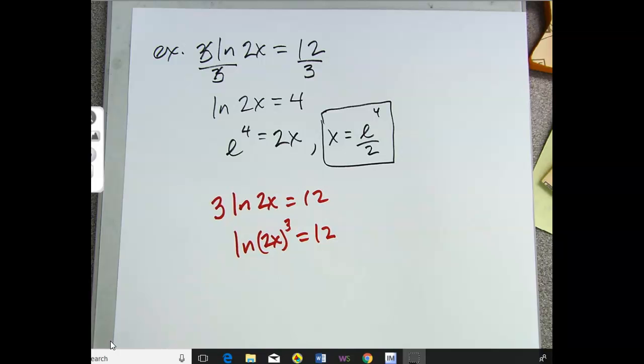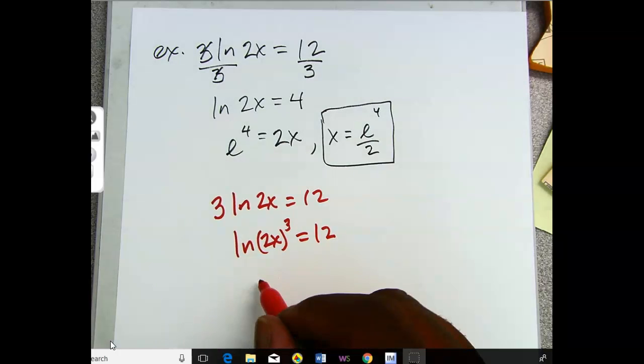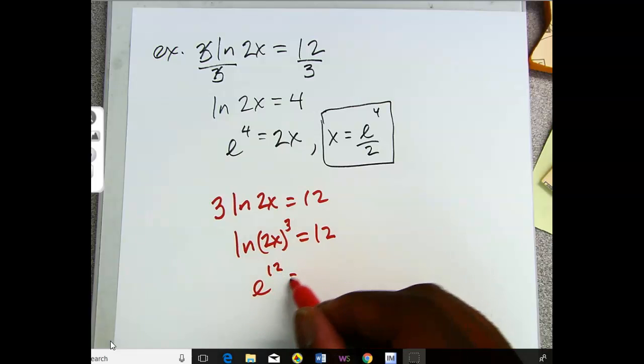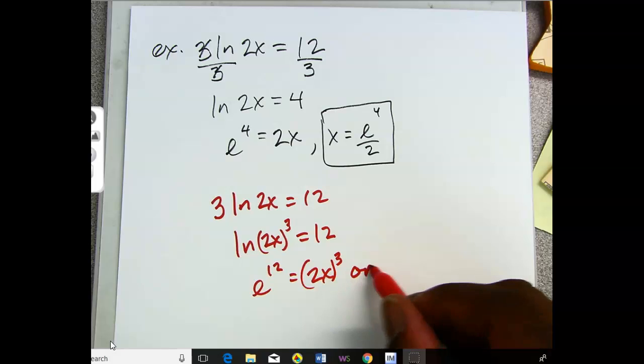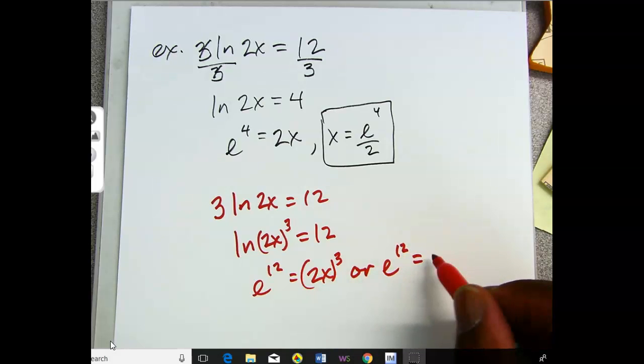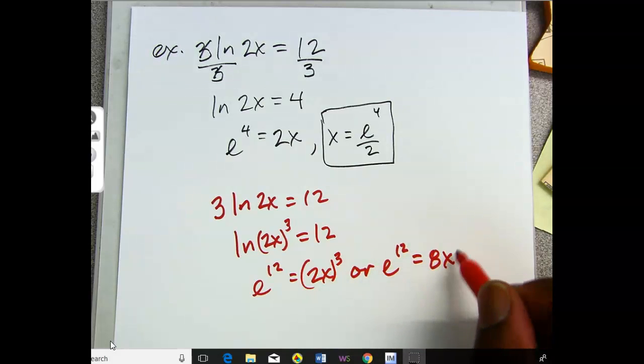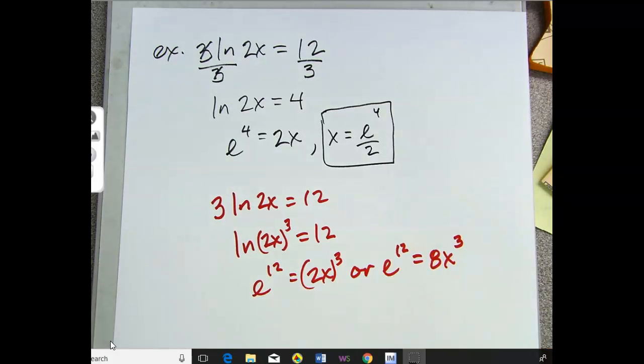Now, writing this as an exponent, you get e to the 12th is equal to 2x to the third, or e to the 12th equals 8x cubed. Now we have to divide by 8 and take the cube root to get an answer.